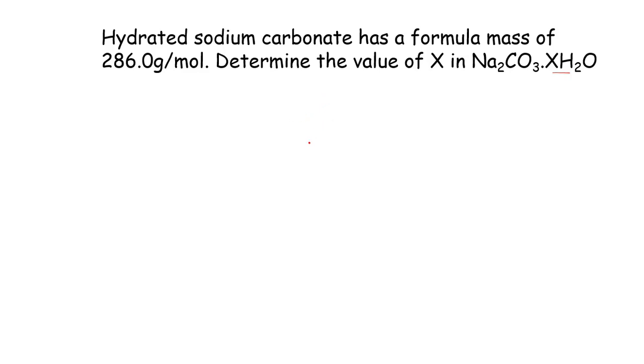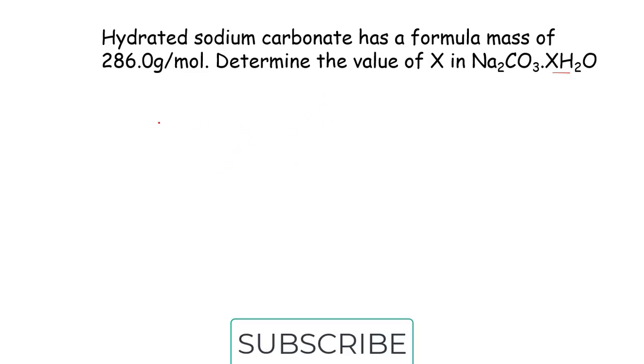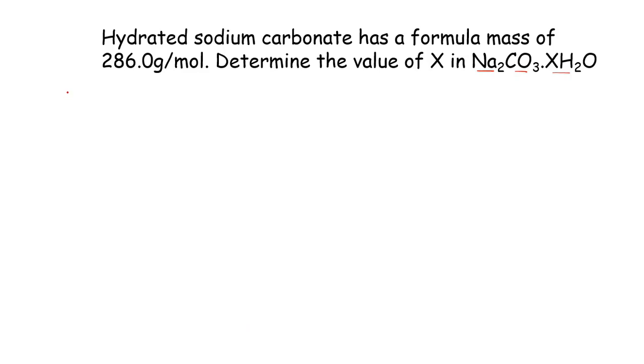Okay, so let us see how to deal with it. Still, we need to get the relative atomic masses of the elements present in our sodium carbonate X water. Remember, we have already seen that our water has a molecular mass of 18 grams.